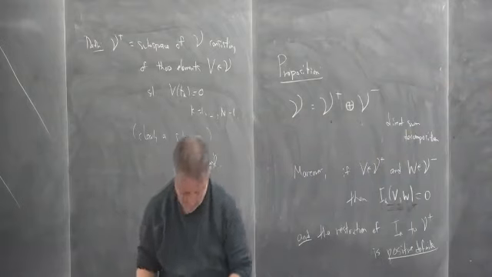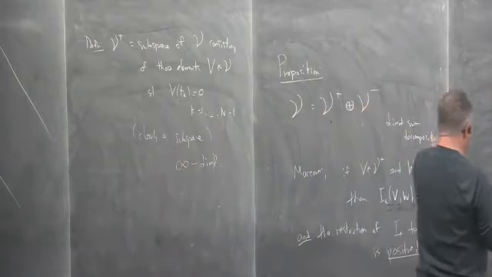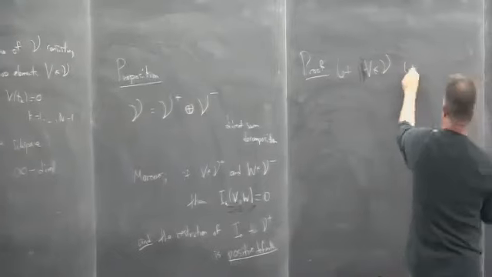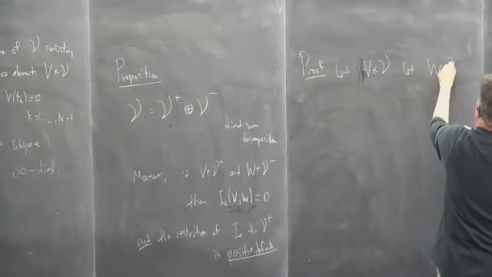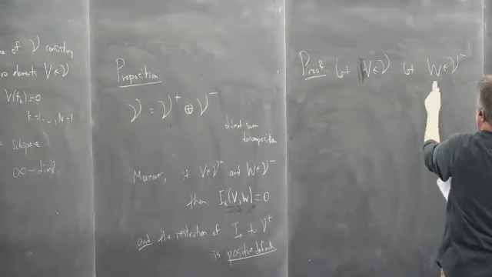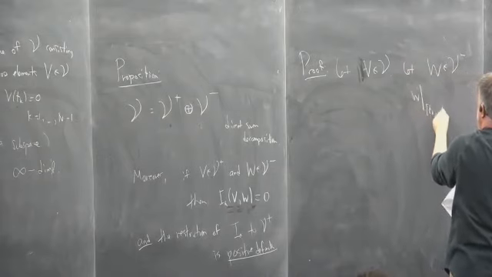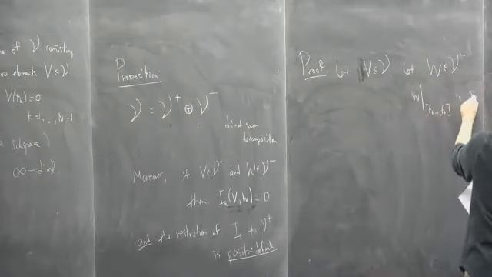So let's see how this works. We're going to use the properties of this subdivision. So let V be in script V and let W be in V minus. So recall, this means that W restricted to [t_{k-1}, t_k] is a Jacobi field.